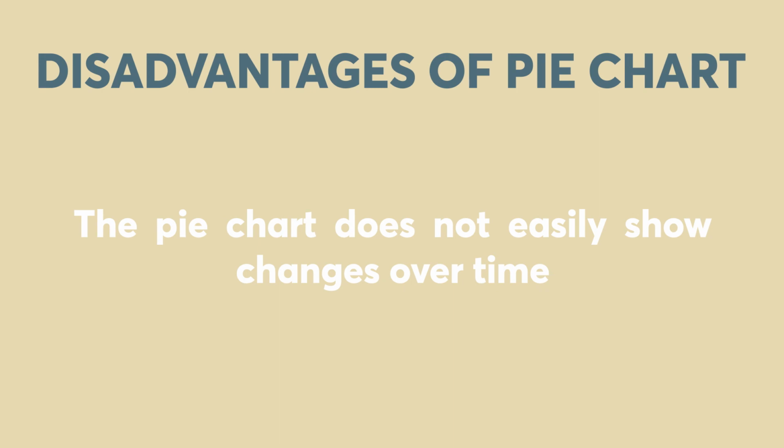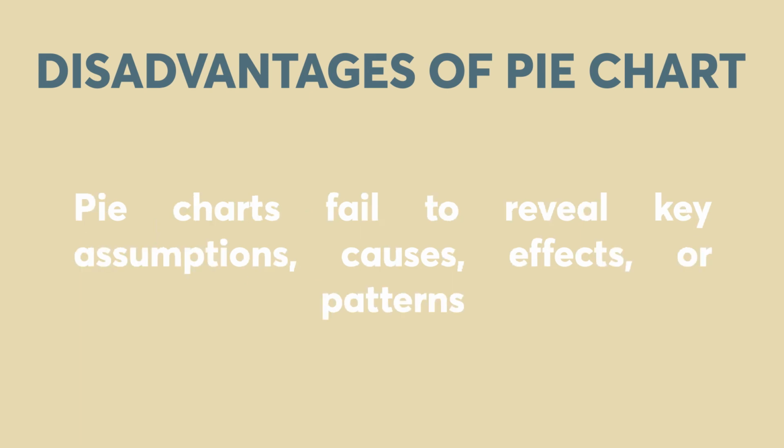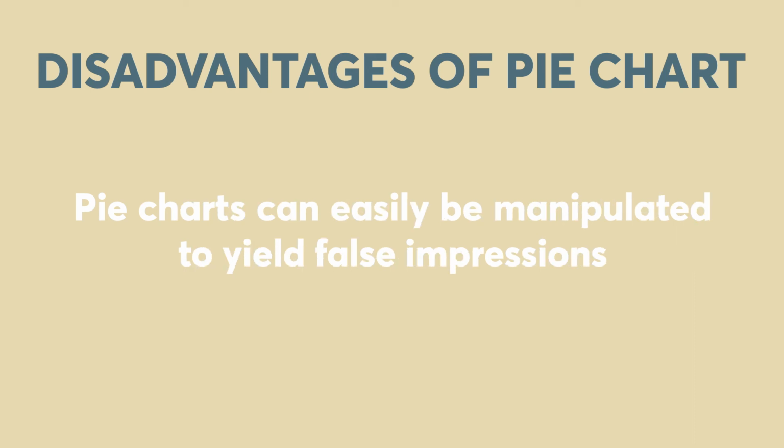The pie chart does not easily show change over time. Pie charts fail to reveal key assumptions, causes, effects, or patterns. Pie charts can easily be manipulated to yield false impressions.